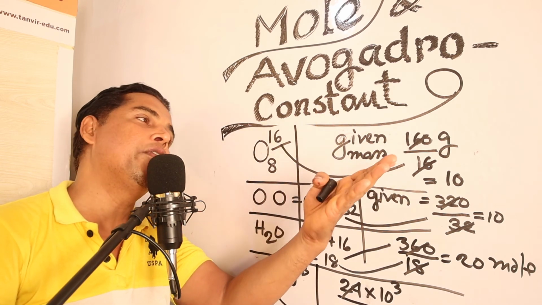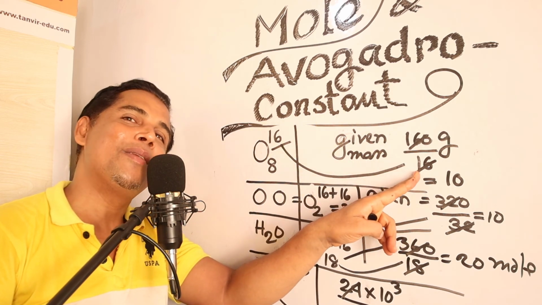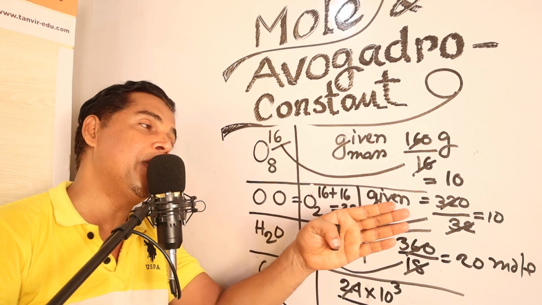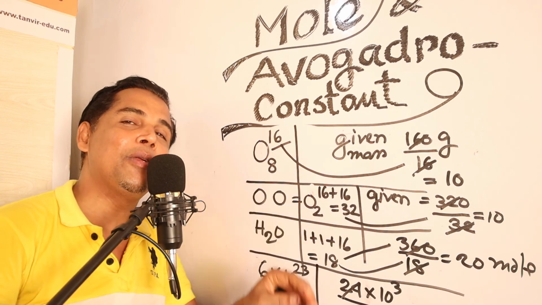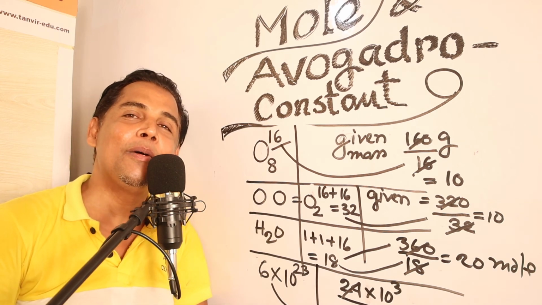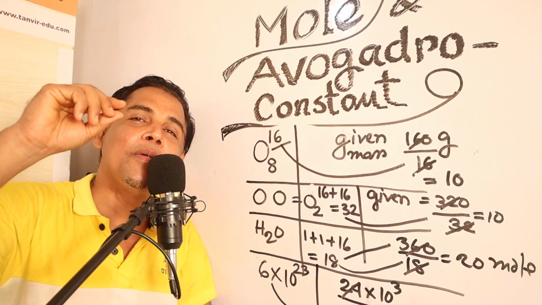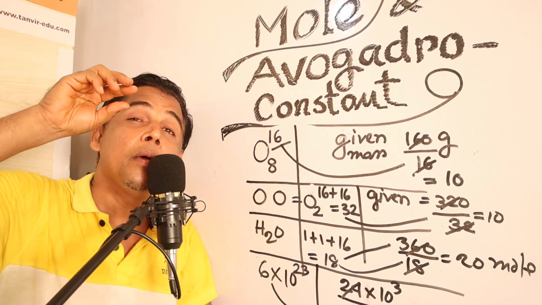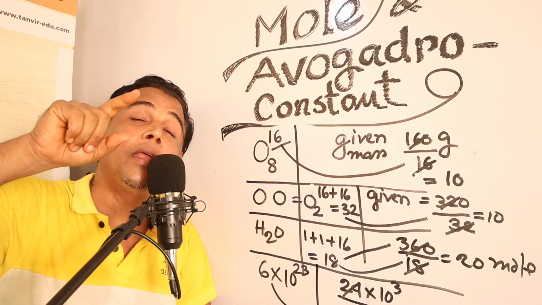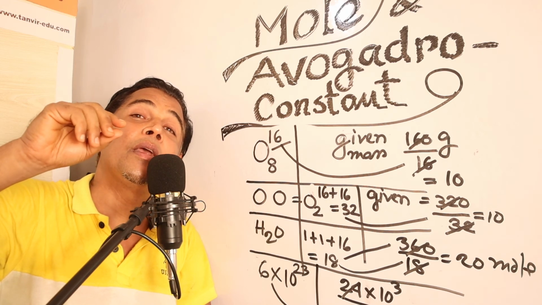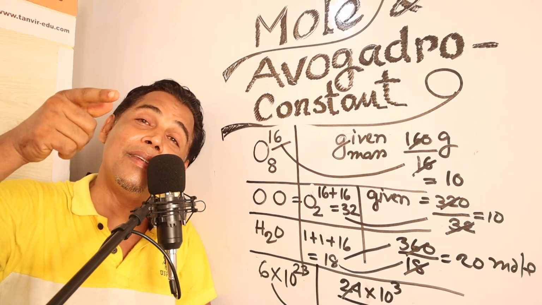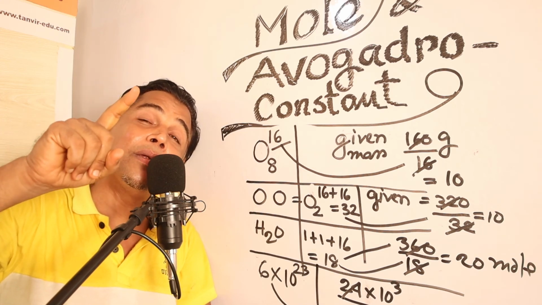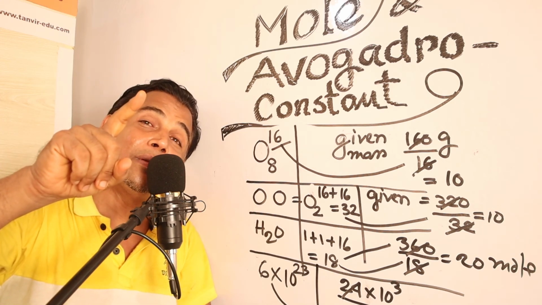Given mass will be different, but molar mass is always from the periodic table. In the field of atoms, that will be taken from the upper side. In the field of molecules, but element, that will be chlorine, that is an element.